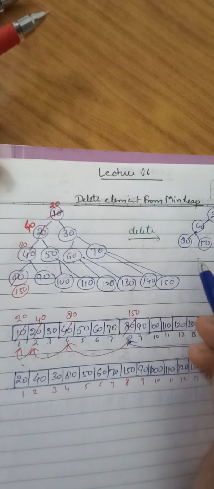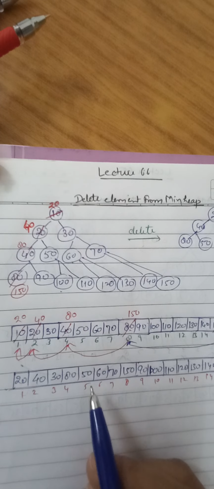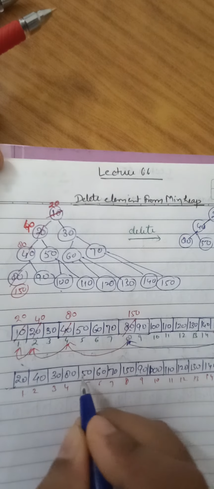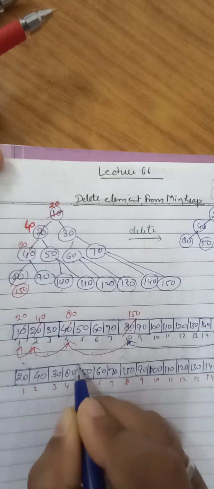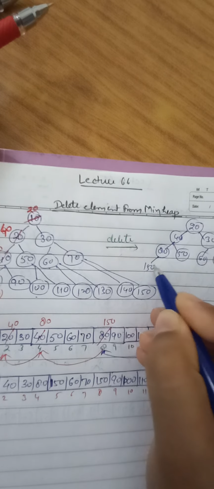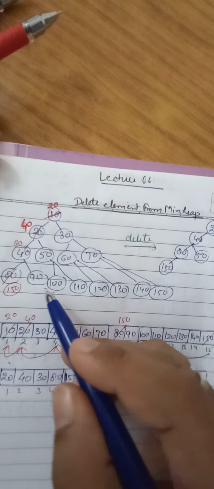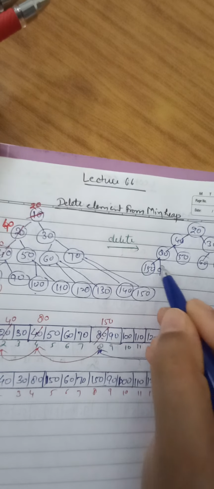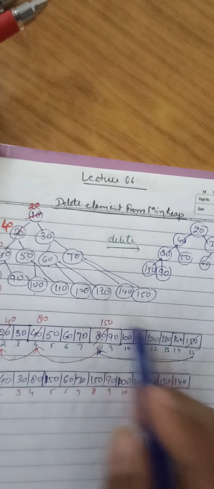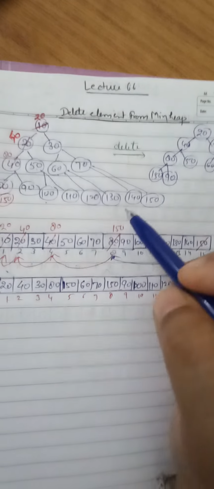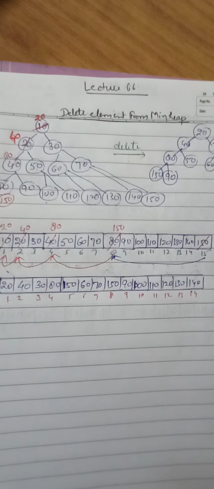After 80, here it is not 50, it is 150, so it will come like this, 150, and what is here is 90, and the rest of the children will remain the same as here. So after deletion, the tree will be like that. This is the way to delete an element from the min heap when the element is not given.